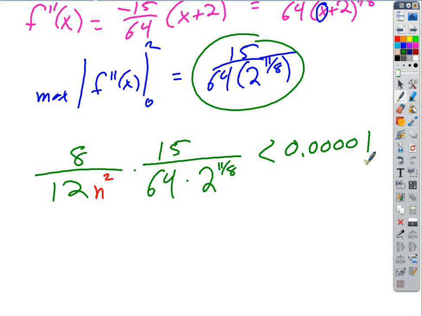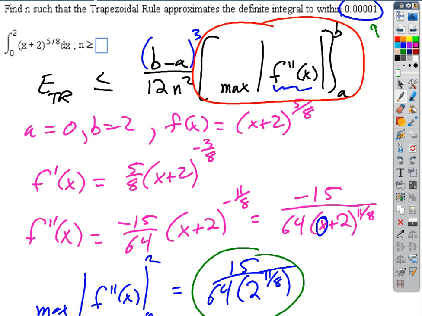Okay. We can simplify that a little bit. 8 over 64 becomes 1 over 8, and 15 over 12 would be what, 5/4? Wait, go back to that first page. Why is that greater?